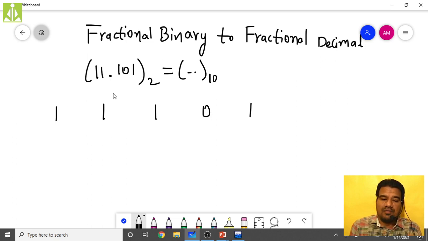How we do the multiplication: where the decimal point is in the actual number, write it down as it is.